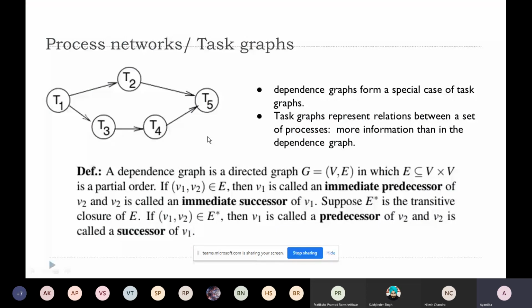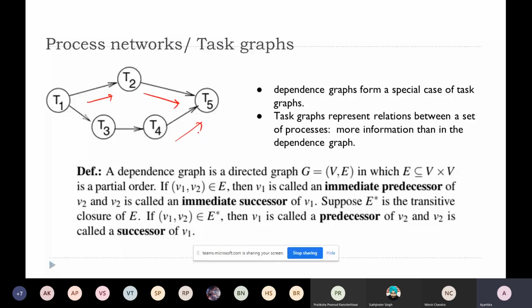This is the process network or task graph. You can see this is a dependence graph where T1 and the others are different tasks, when you are trying to model scenarios with different tasks and how they communicate. These are the dependencies: T1 to T2, T2 to T5.